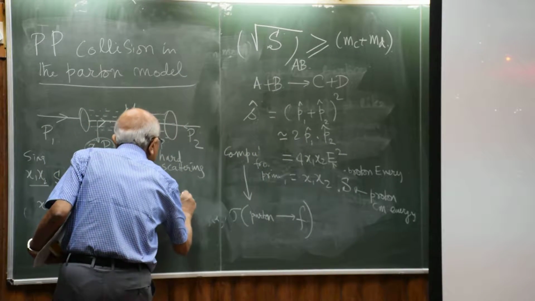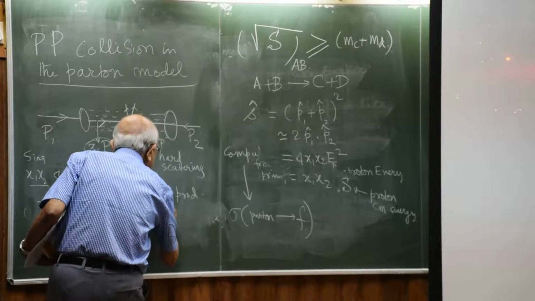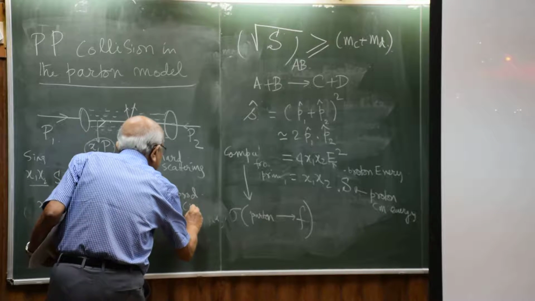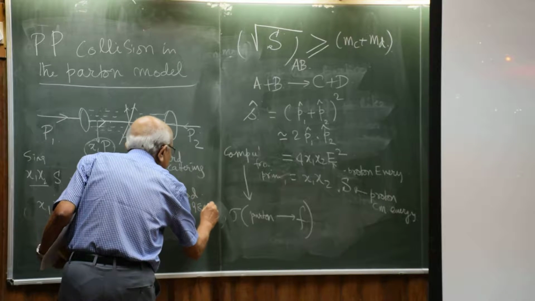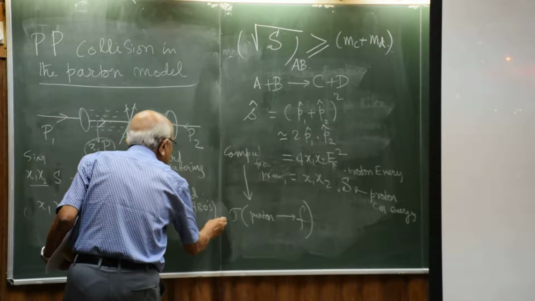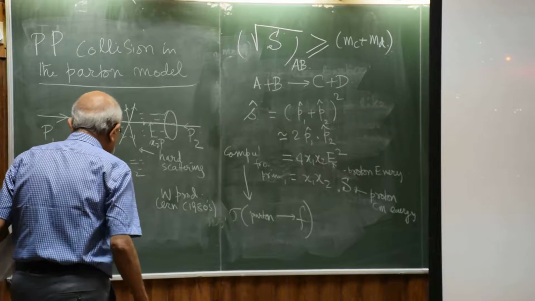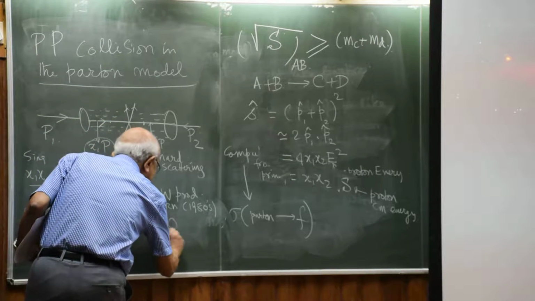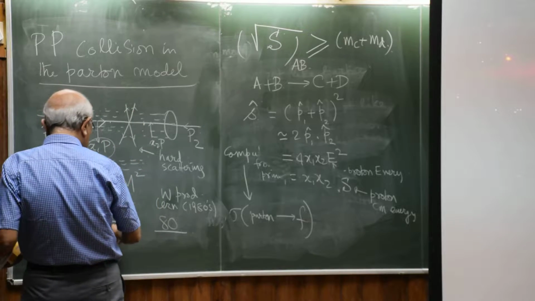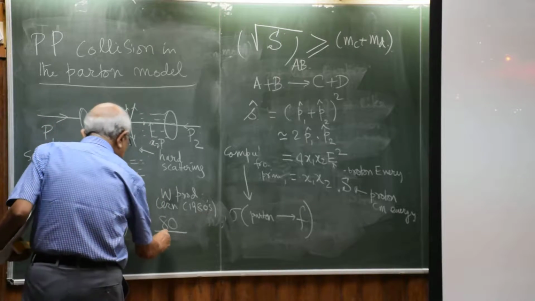So, W production at CERN in the 1980s, actually the year was 1983 probably, or maybe 82. What is the mass of the W? 80. What is the root s value?